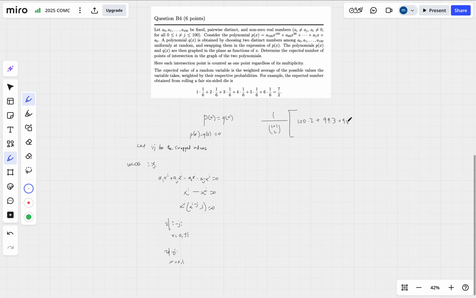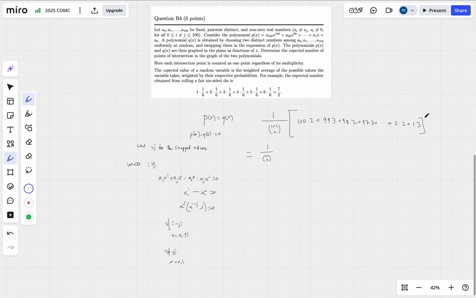And we can continue this casework. However, we notice that when j is equal to 0, x equals 0 is not a valid solution.